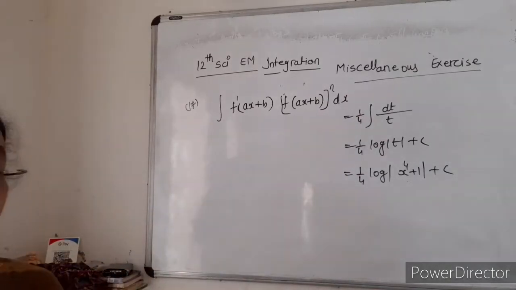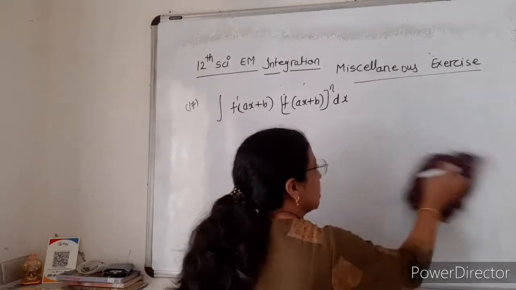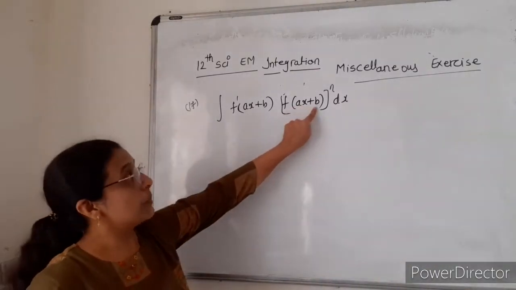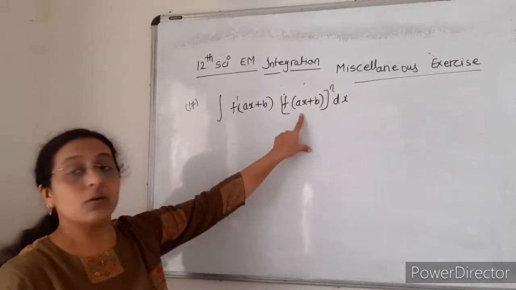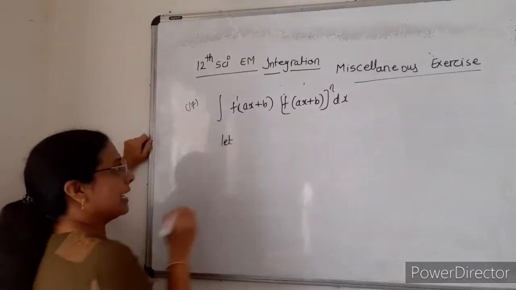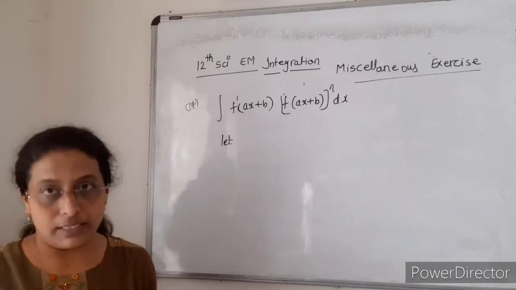This is the function given in the form of f x only, nothing else. So here, f of ax plus b raised to the power n is given. Let n be a constant, so we can take it as p, q, r, x, anything we place.